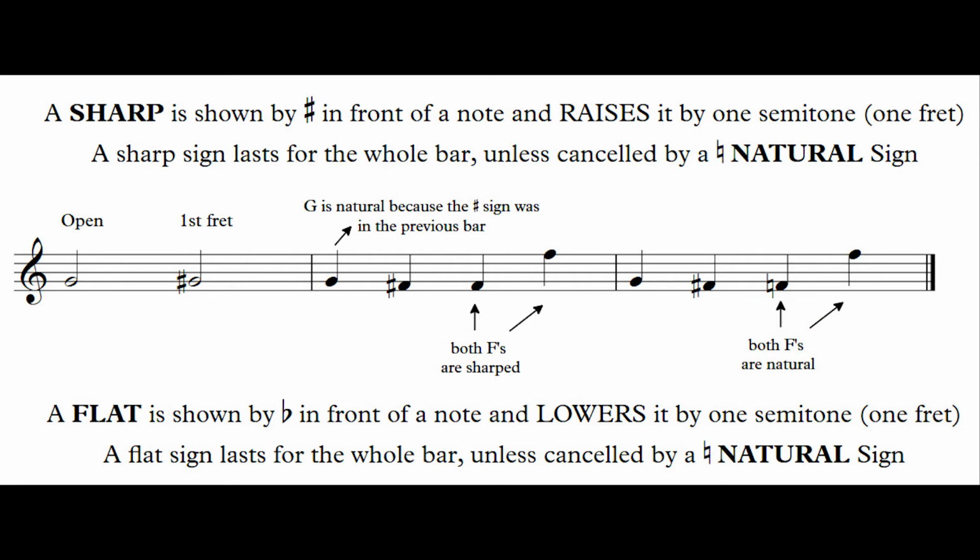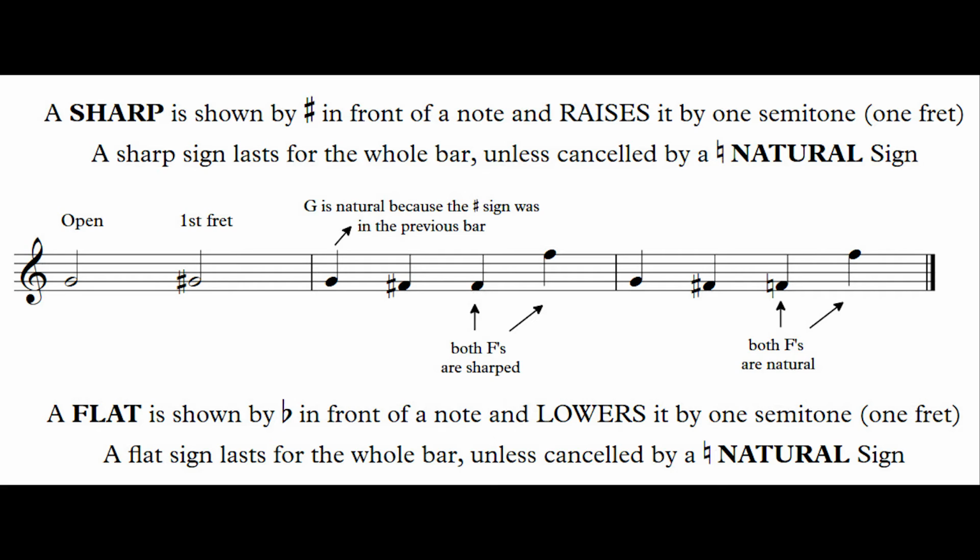Now the rules of the sharp: it's like a virus. If you put a sharp sign in a bar, for example like the second bar, we have an F sharp, you don't need to put the sharp sign again to make the following F sharp. It's automatically sharp.